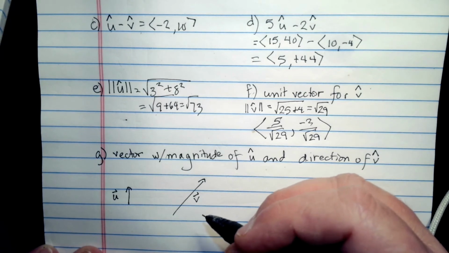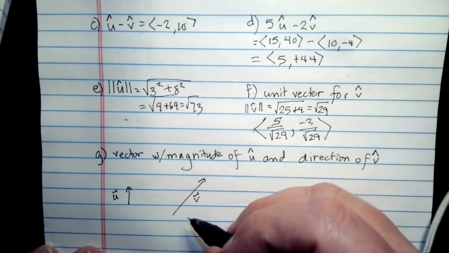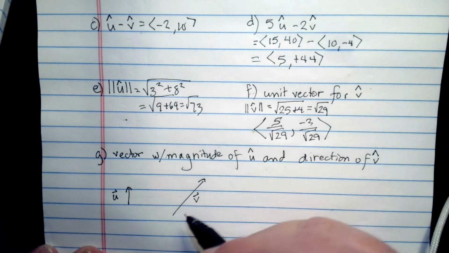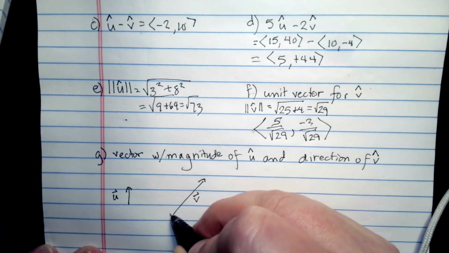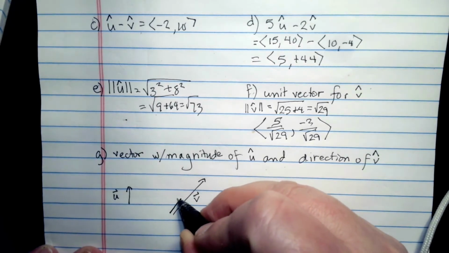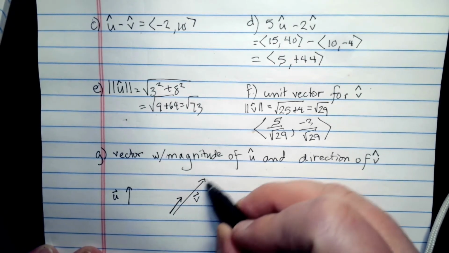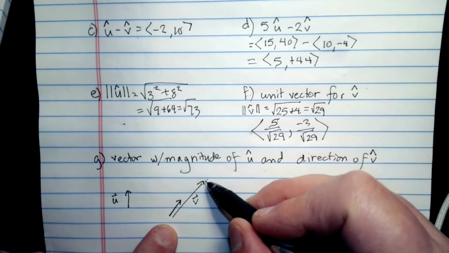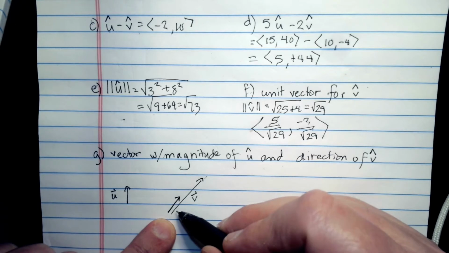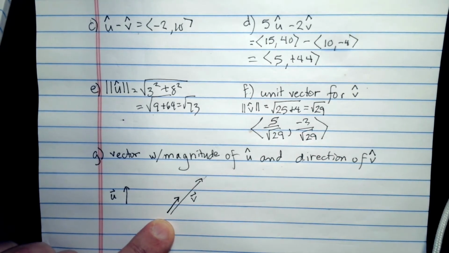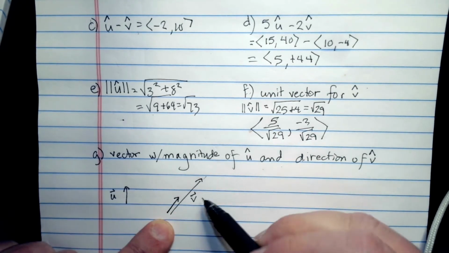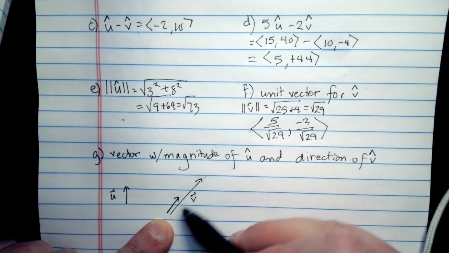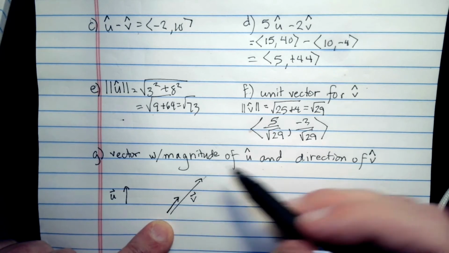Two vectors are parallel if one is a scalar multiple of the other. So basically we're trying to come up with a vector that looks kind of like that: the same direction as v, but the same magnitude as u. So what we need to do is scale v down or up, depending on what the numbers are. But we need to correct the magnitude of v so that it matches that of u.